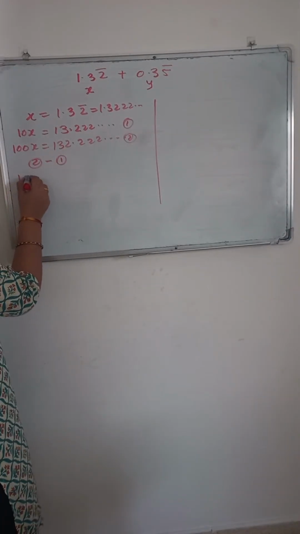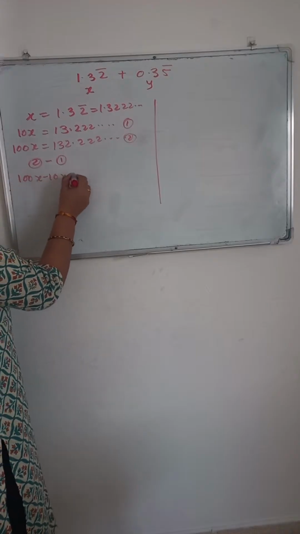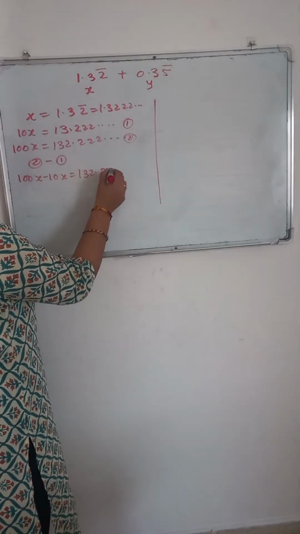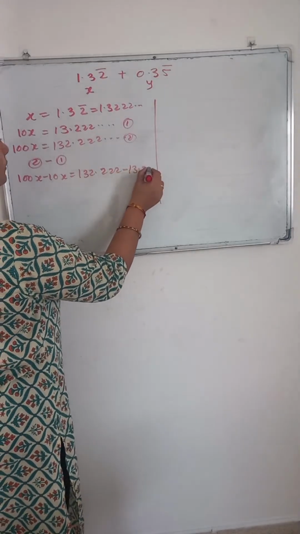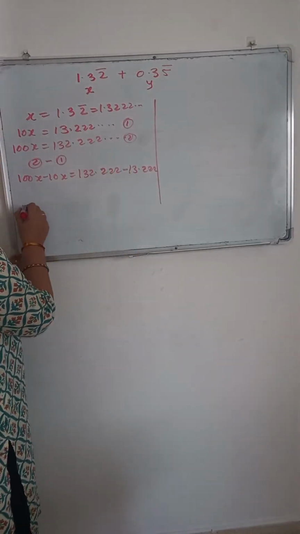Okay, so here 100x minus 10x is equal to 132.222 minus 13.222. Okay, now do this subtraction.